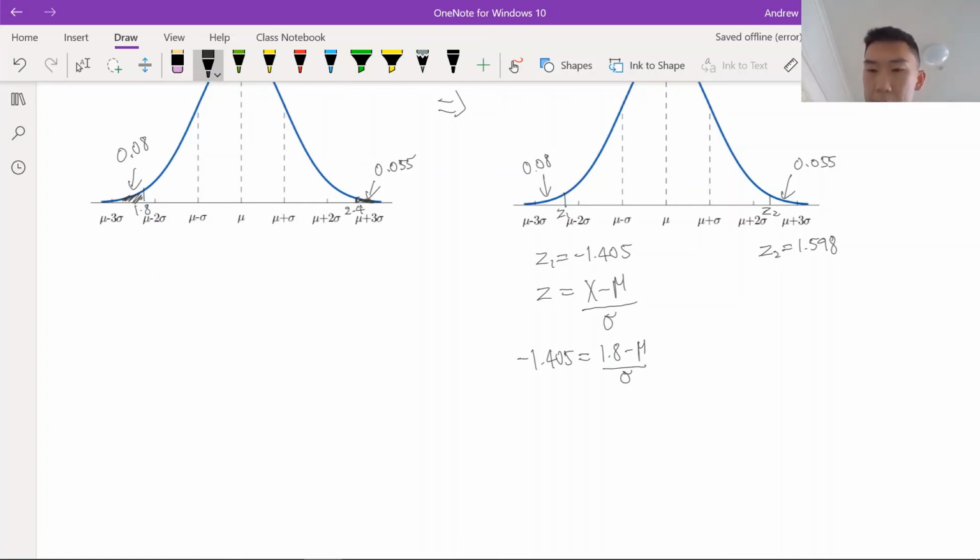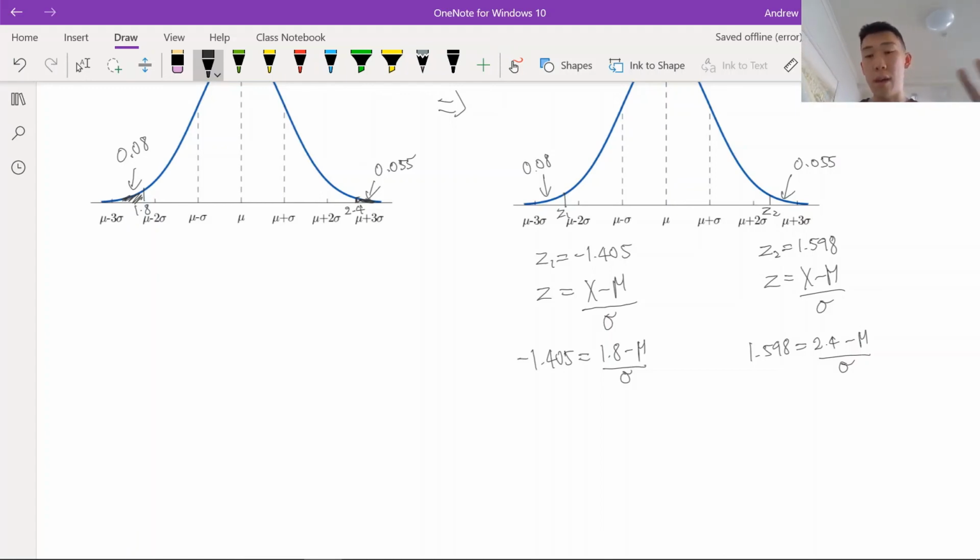And then for z2, I was just wondering whether I should rewrite the formula, but I will. 1.598 equals x, which is now 2.4, take mean over standard deviation.